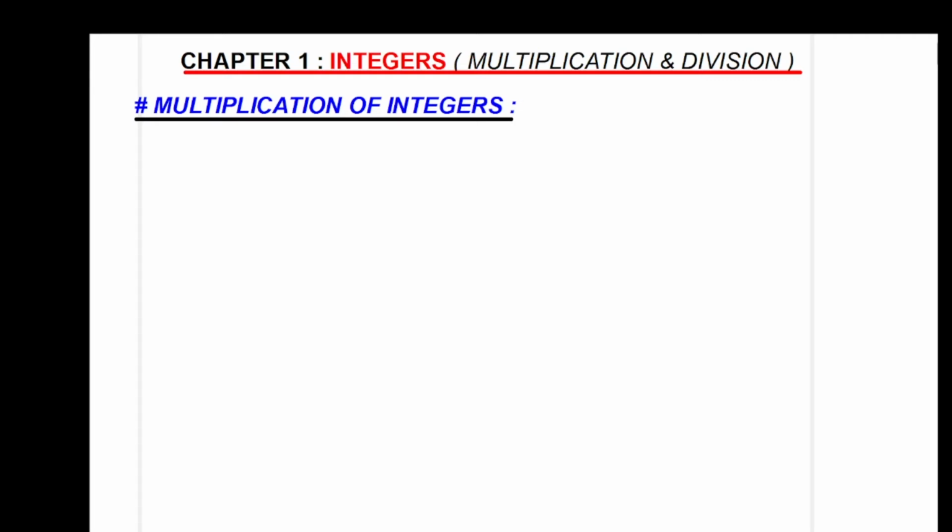See, in addition of integers, suppose minus 3 plus minus 3 plus minus 3. Then what will we get? If all the numbers are negative, when we add, we just have to add the numerical digits. 3 plus 3, 6 plus 3, it will be 9.